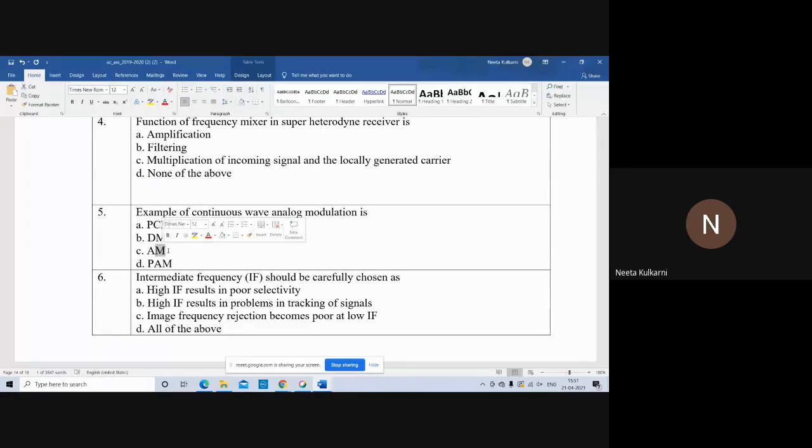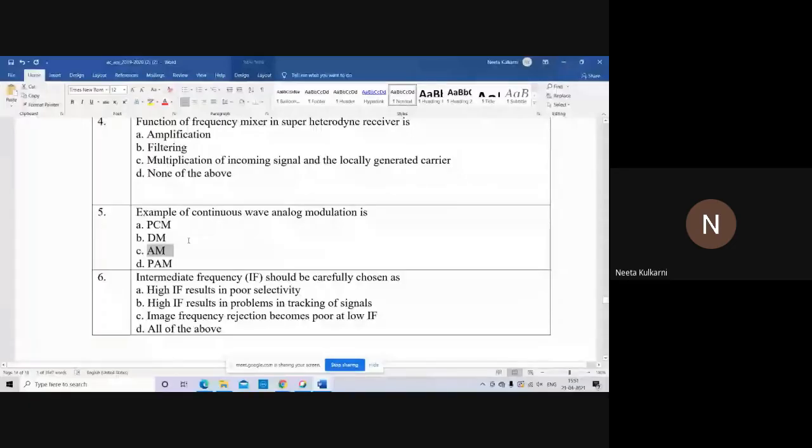In what form are the modulating signal and carrier signal in analog modulation? Both are in continuous form, or both are sine waves. AM is an example of continuous wave analog modulation. In pulse amplitude modulation, one is in continuous form and one is in digital form. Okay, so AM is the example of continuous wave analog modulation.